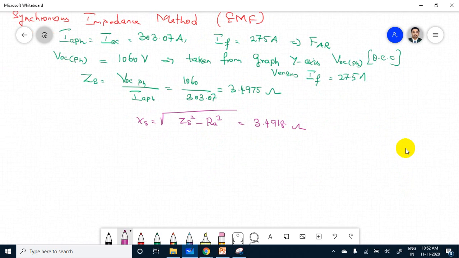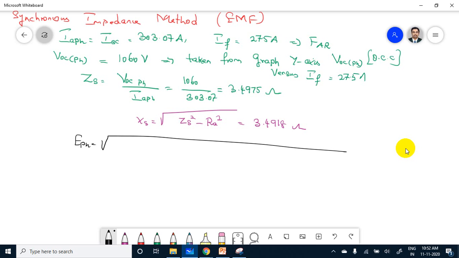Now in the EMF method, what is our formula? E phase is equal to square root of (V phase cos phi plus IA RA) whole square plus (V phase sin phi plus IA XS) whole square.